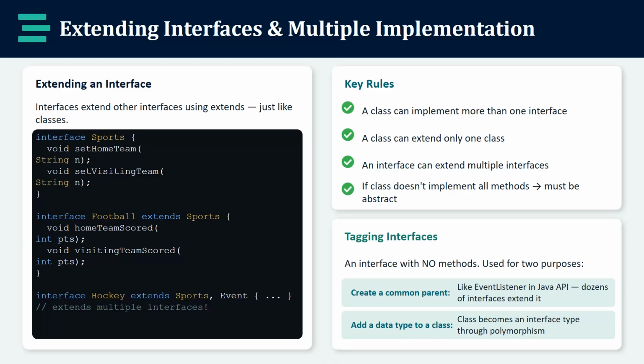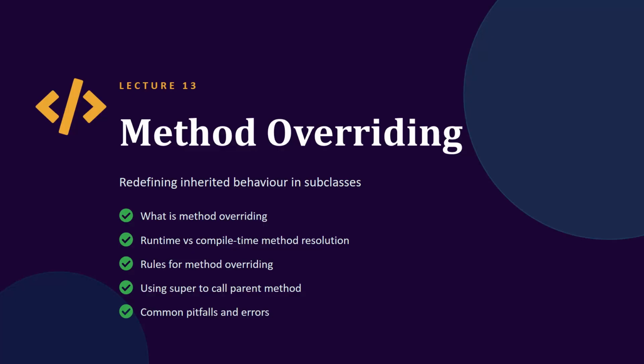When you are adding the data type to a class, that means that you have to implement it using polymorphism. But when you are creating the common parent, then what you are just using is an API. So when you use APIs to integrate the functionality of maybe payments and so on, then that is done there.